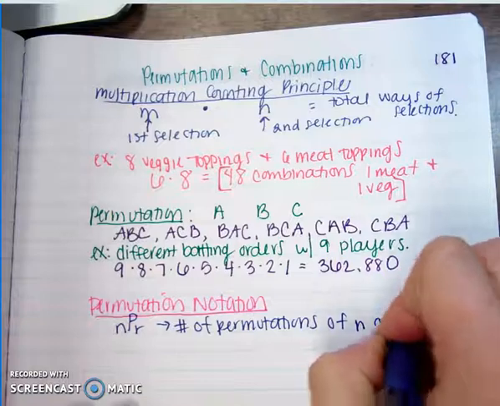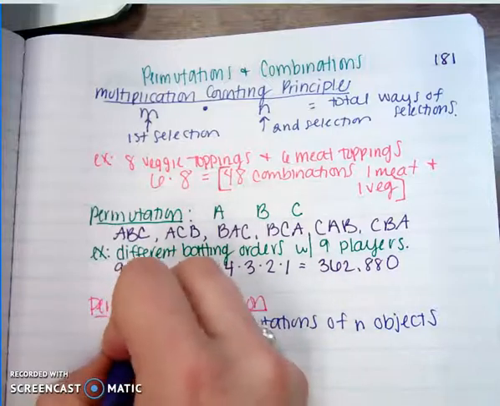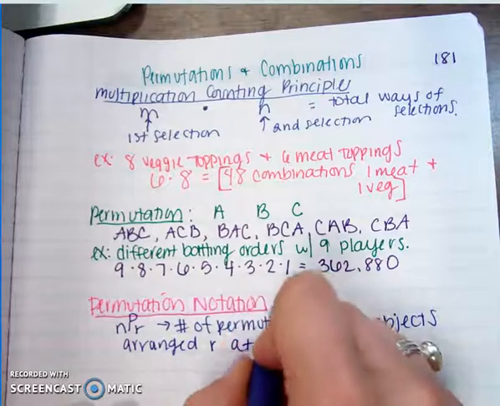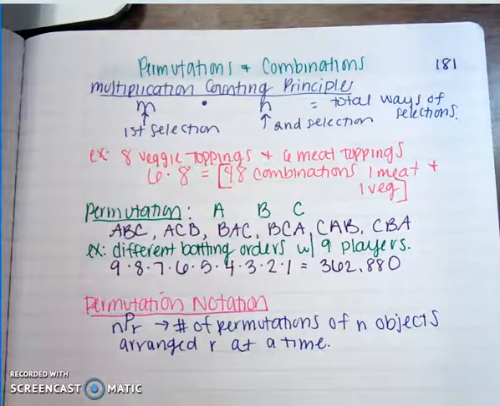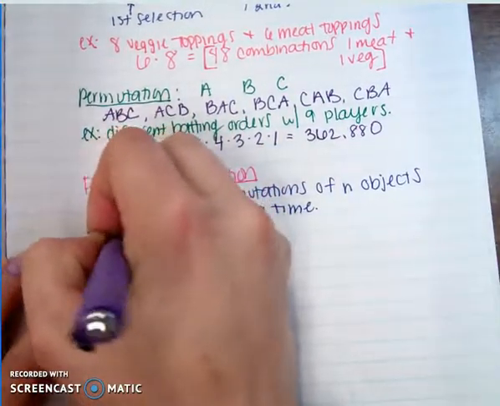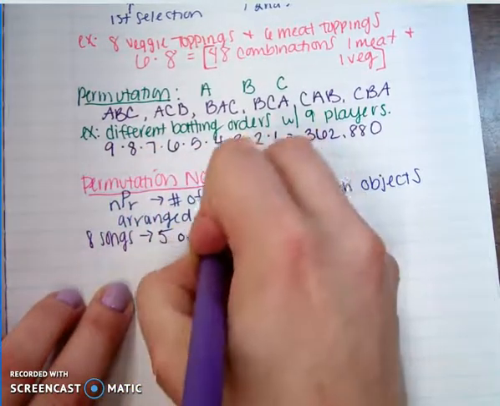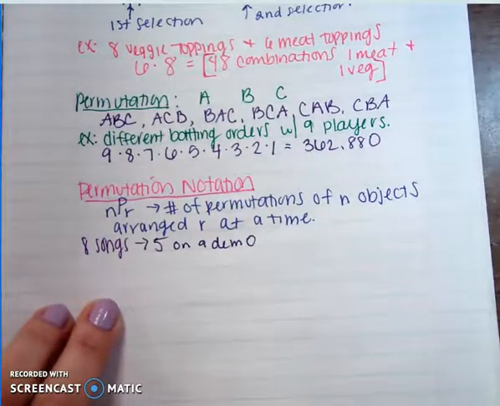That's what the n is, the objects. Arranged r at a time. So what that means is if I had 8 songs, and I wanted 5 of those songs on a demo, how many specific orders could I have those 5 songs in, given there are 8 possible songs?